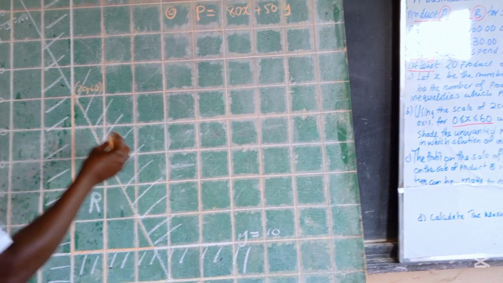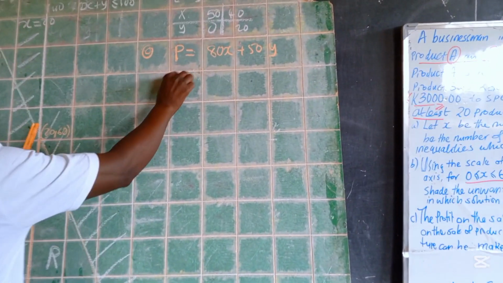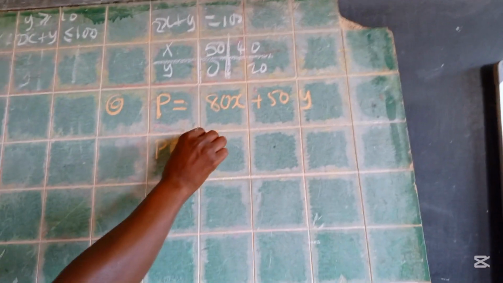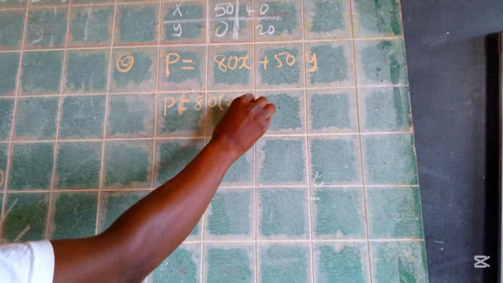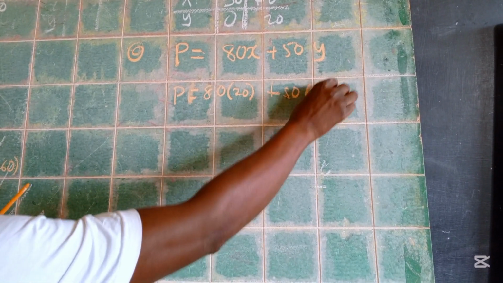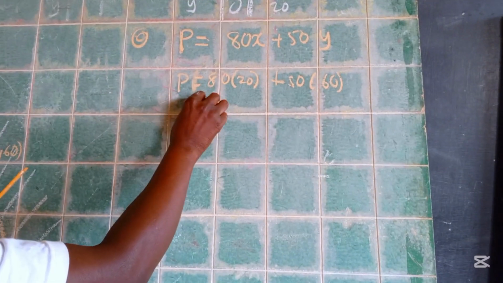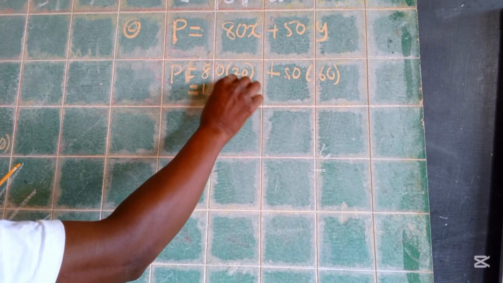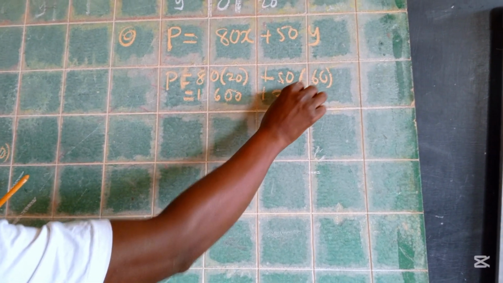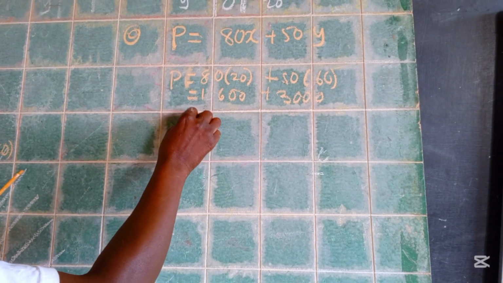It's just a trial. 80 times 20 plus 50 times 60, and you are going to agree with me that this is 1,600 and this is exactly 3,000. There we go, it is kwacha.